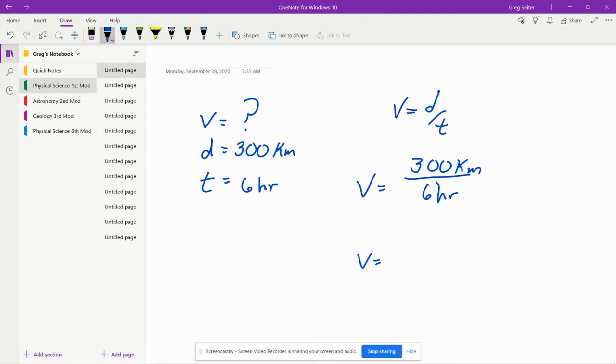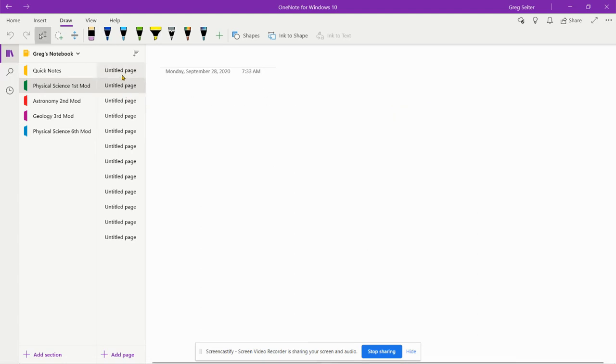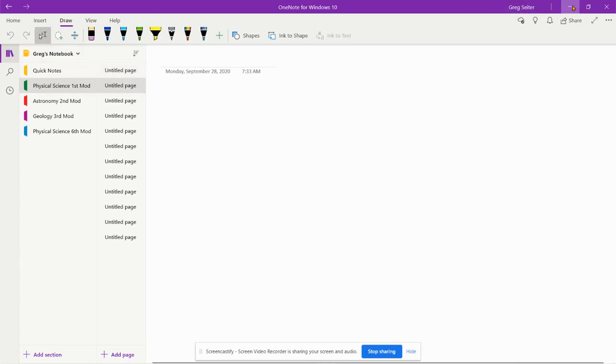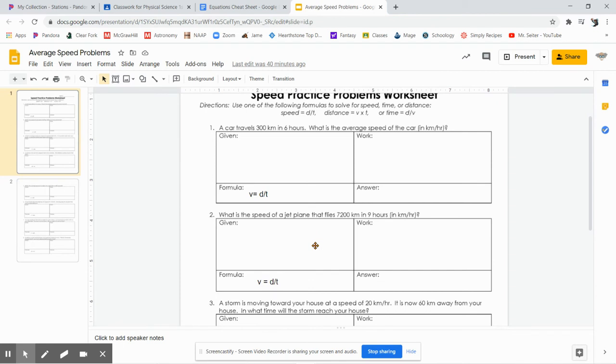All right, let's take a look at the next one. Oh, and my answer obviously is in kilometers an hour. So let's take a look at the next one. What is the speed of a jet plane that flies 7,200 kilometers in 9 hours?